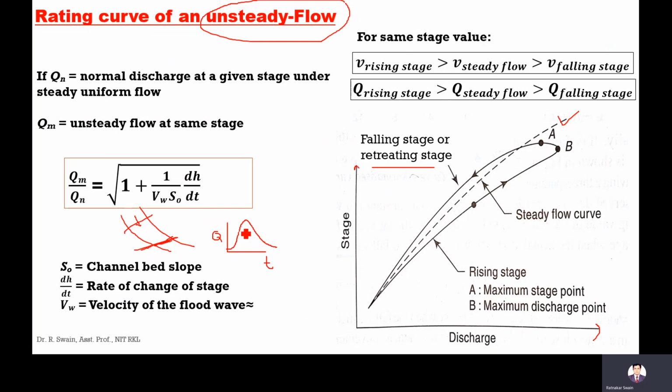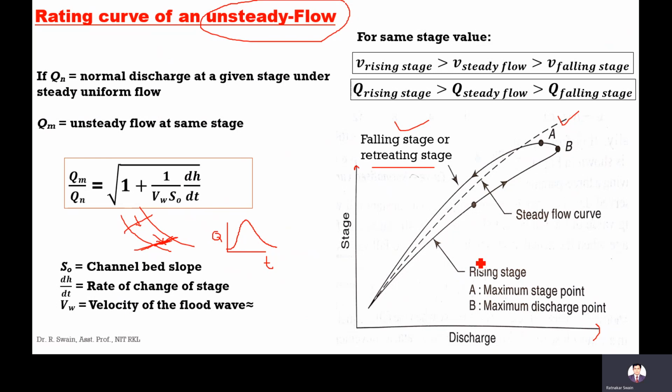After the rainfall stops, the discharge gradually decreases. The decrease of discharge is called the falling stage or retreating stage, and the rise of discharge, the arrival of the flood wave, is called the rising stage.